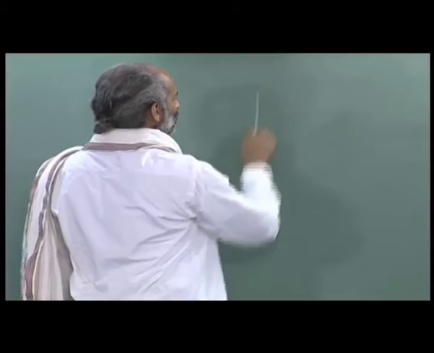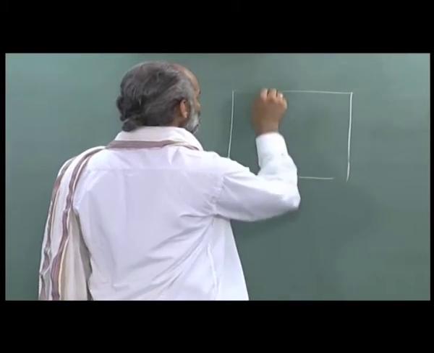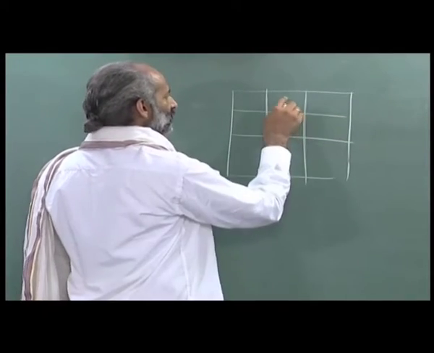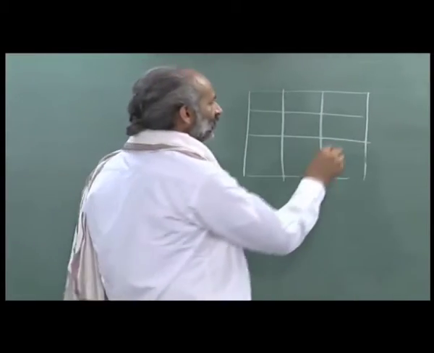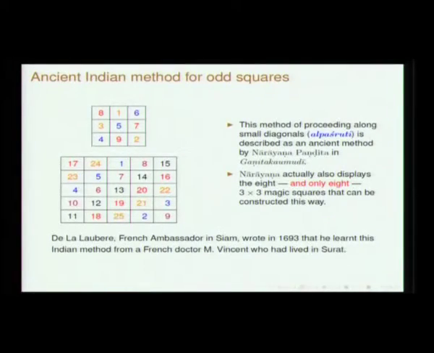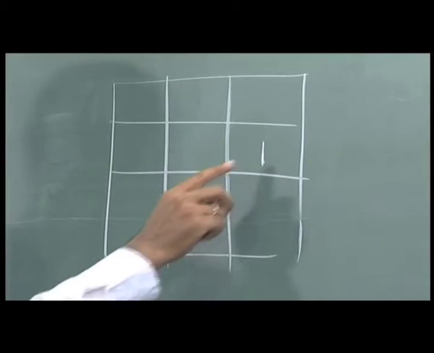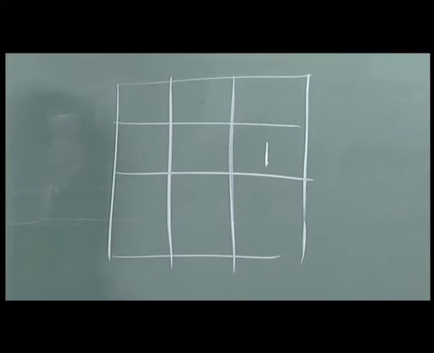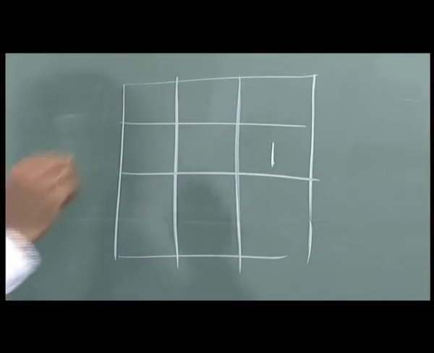So for instance, let us take a 3 by 3. I started with 1 here, so in the example which you find in the slide, maybe we will start with 1 here. You have to move up one step. So where will I place it? This will get folded here, so I have to place 2 here.